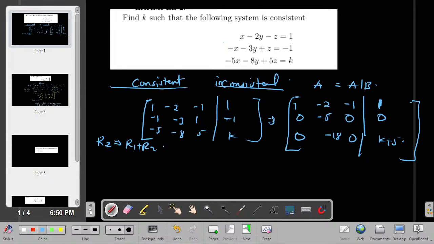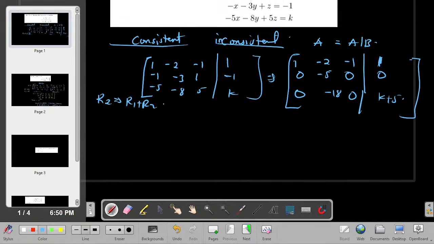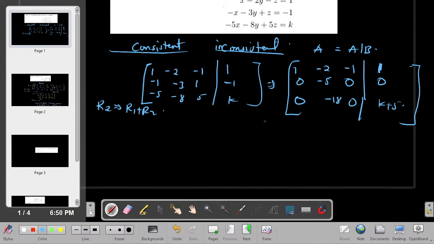Is there more I can do at this point? Let's see. So you can clearly see that at this point, I can break my system down. I wrote that right. Okay.